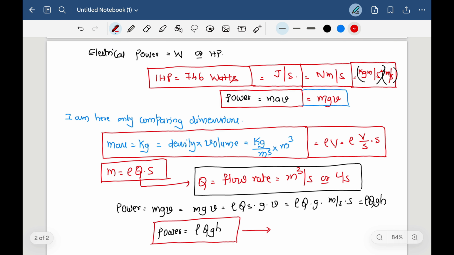Please remember this formula. Throughout your lifetime it will be useful. Not only for the examination point of view, for engineering calculations, during your professional life also, this particular equation will be very important and useful to you.